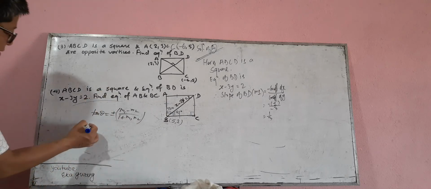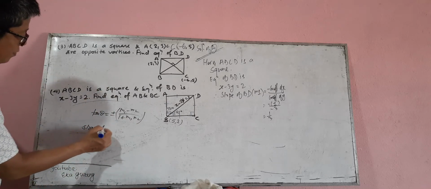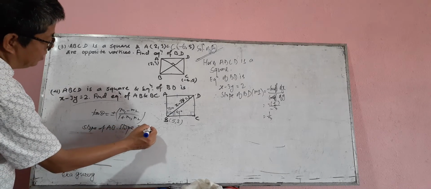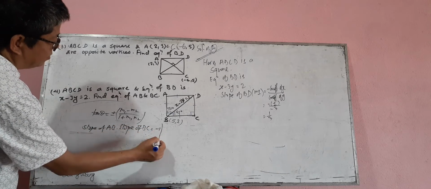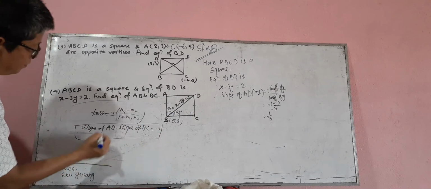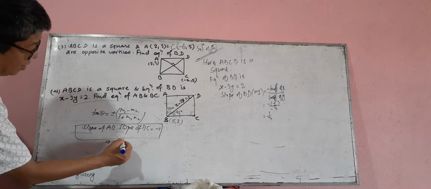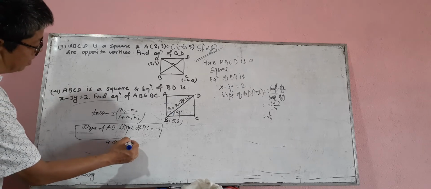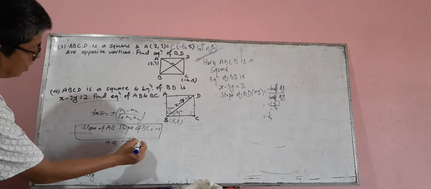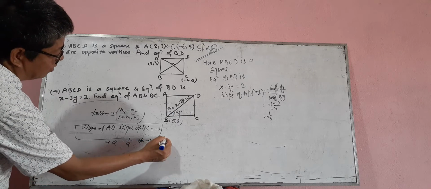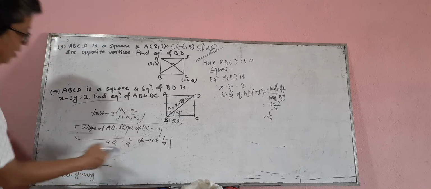Okay, so here the slope of AB times the slope of BC becomes minus 1. So if one of the slopes is A, then the other slope is minus 1 by A, or vice versa. Or if one of the slopes is minus A, then the other slope is 1 by A. Remember this.